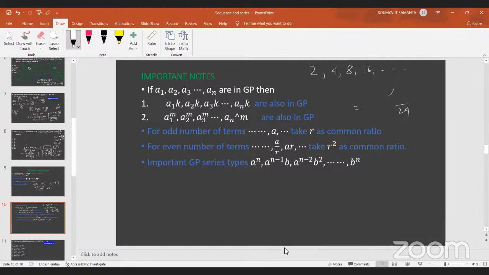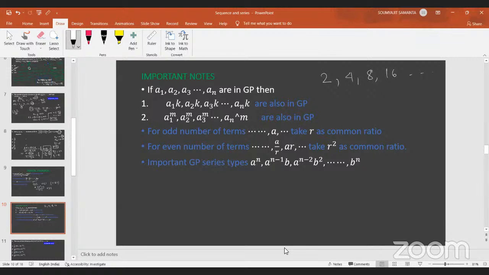And what if you take the same exponent? Let's say A1, A2, A3 are in GP. What about A1 power m, A2 power m, A3 power m? Are these in GP? Yes, they will also be in GP. Because see here, 2, 4, 8, 16 are in GP.